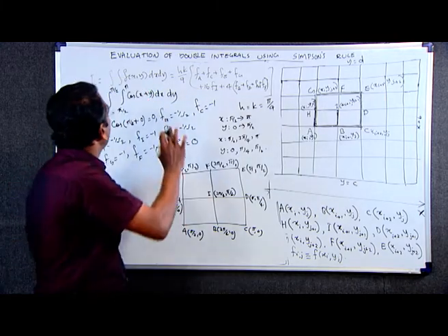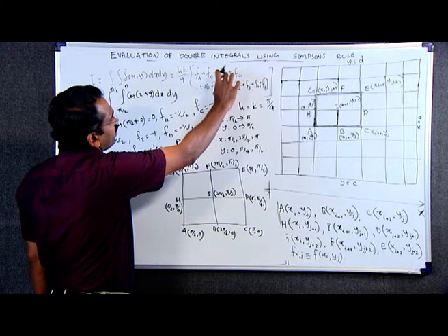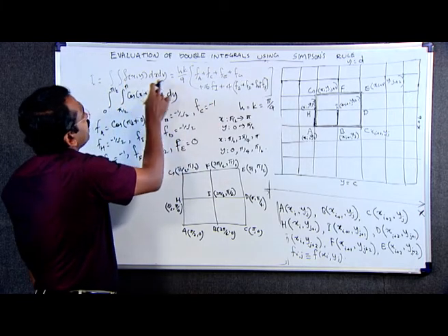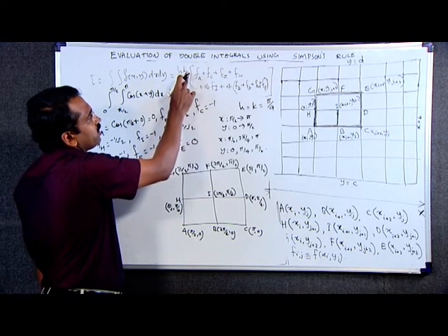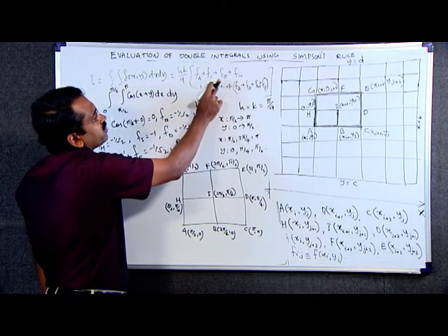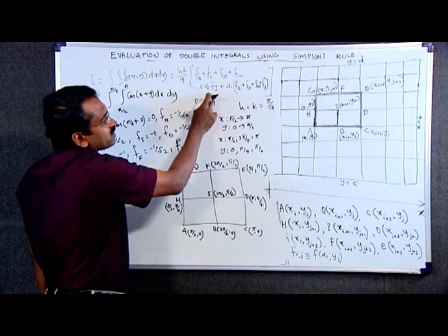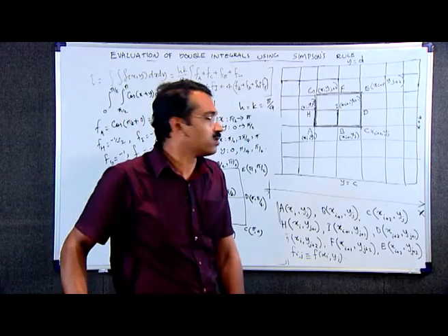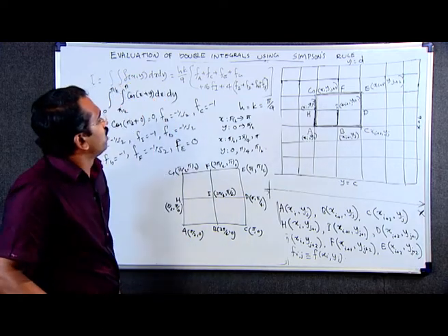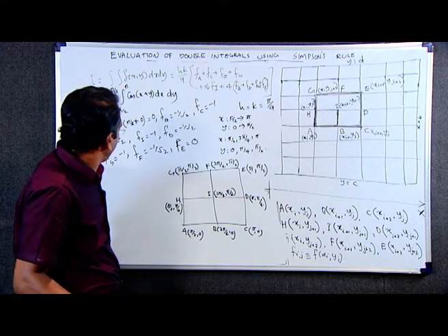By Simpson's one third rule of integration, we can write the required value of the double integral as hk by 9 into f a plus f c plus f e plus f g plus 16 into f I plus 4 times the values of the function at the remaining points.